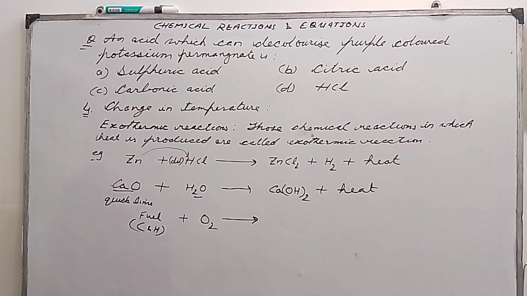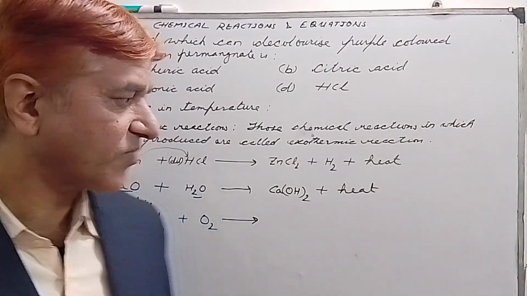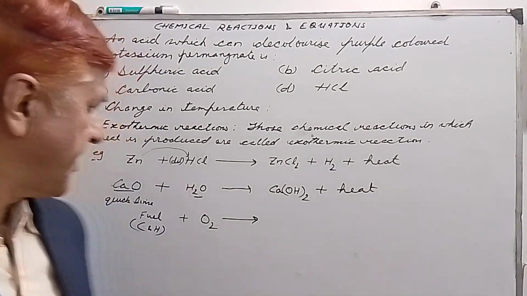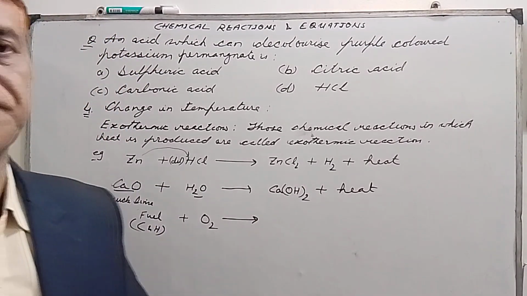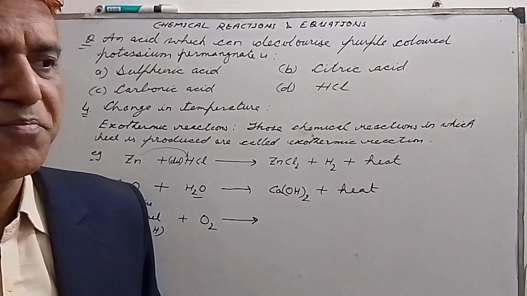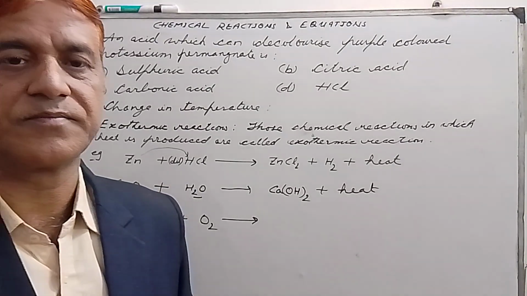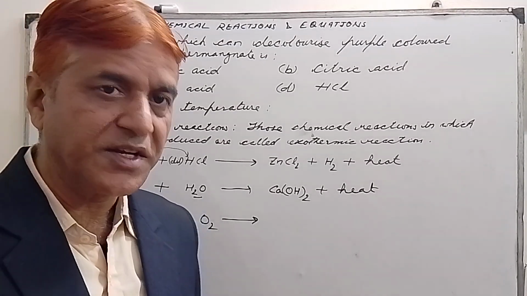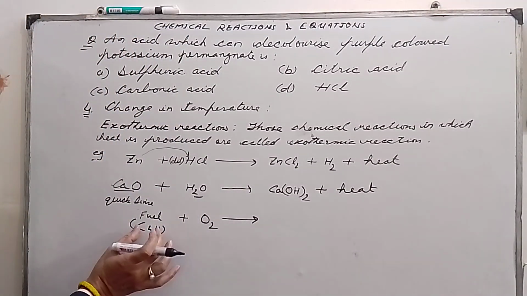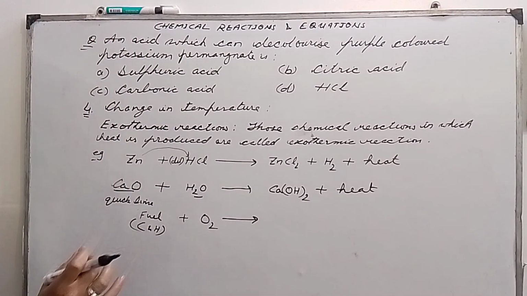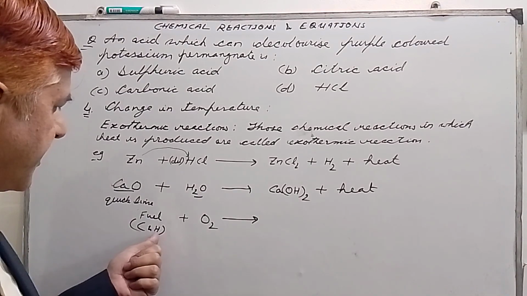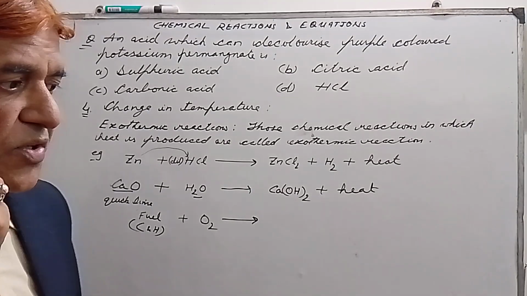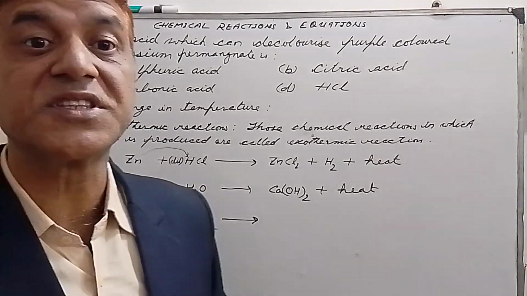So I'm telling you one important point here, that for example at our homes we burn LPG. So LPG mainly contains butane, and butane contains carbon and hydrogen. Butane is made up of carbon and hydrogen. Similarly, CNG gas, which we use in our vehicles, mainly contains methane gas.